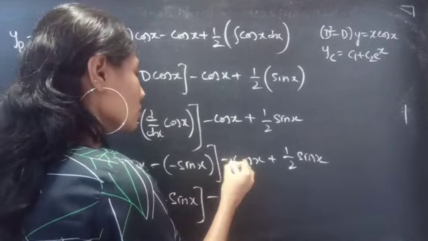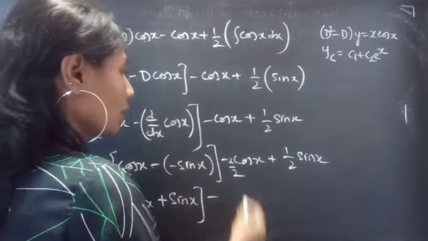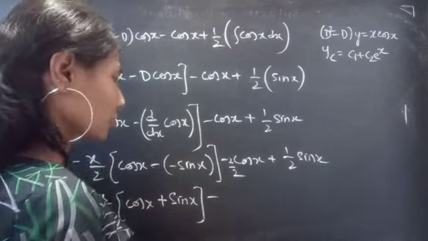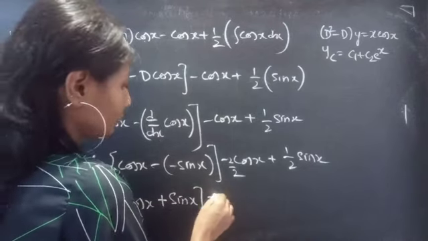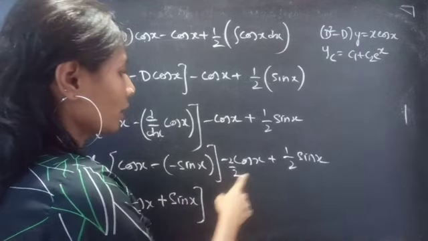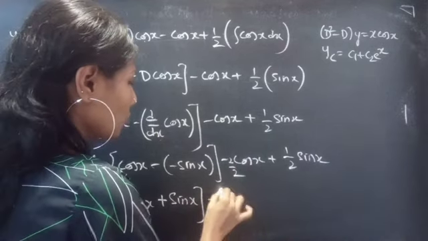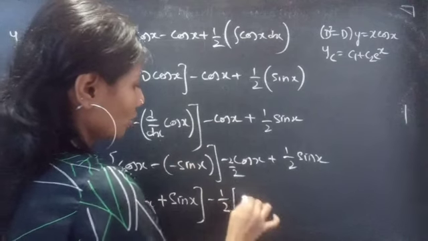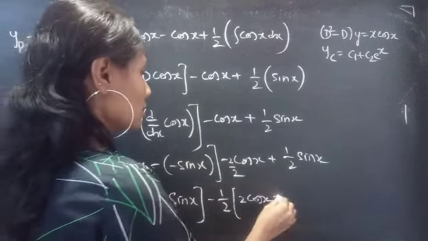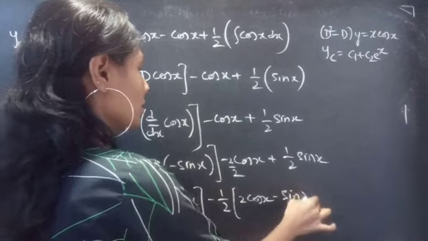So what we'll do is we'll just multiply and divide by 2 and take 1 by 2 common from these two terms. Better, take minus 1 by 2 common from these two terms, and we'll get minus 1 by 2 into 2 cos x minus sin x.